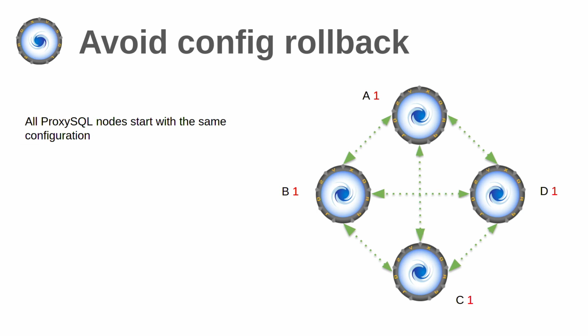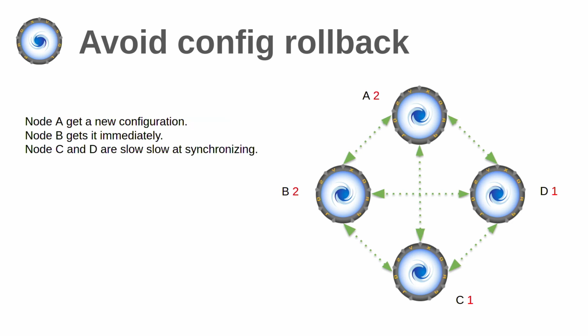Now let's assume that you have all the proxies, like 4 nodes, all of them with the same configuration. Right now I call it configuration 1. Then you change the configuration in one of the proxies, in A, and B gets the configuration immediately, while C and D didn't get it yet, for whatever reason, like they are busy doing something else, or the configuration is too big and takes some time to process.